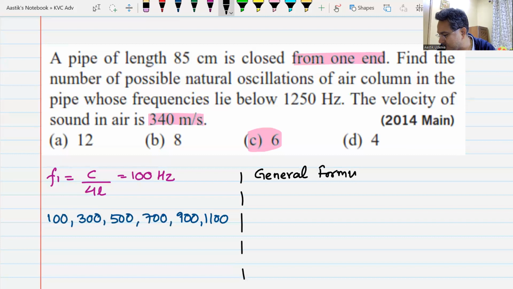I had given you the wavelength general formula. From there you can write the general formula for the frequency.